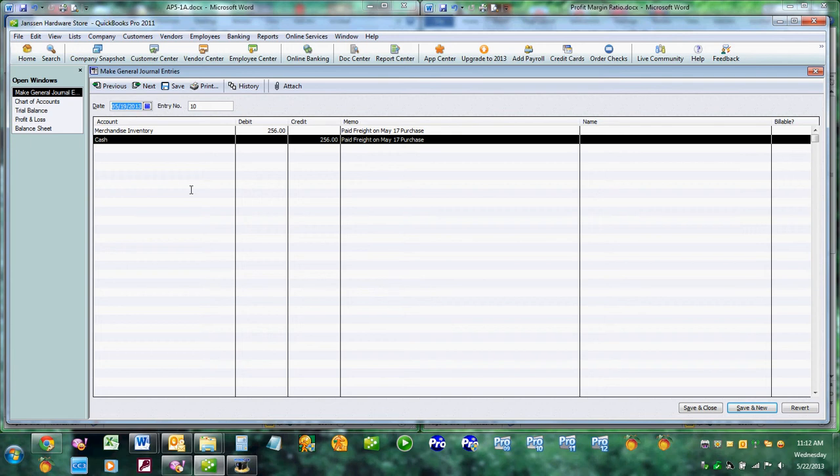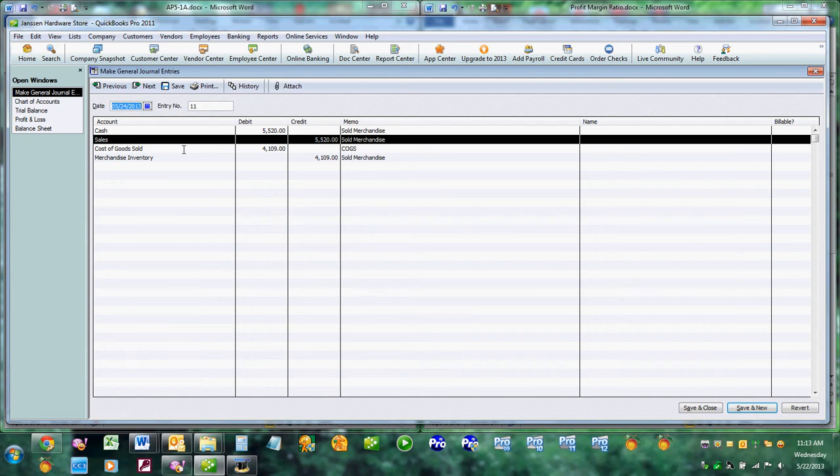The next date, the 24th, sold merchandise for cash for $55.20. The cost of the merchandise sold was $41.09. That'd be a debit to cash, $55.20, and sales $55.20 credit, and then cost of goods sold was $41.09, and merchandise inventory gets credited $41.09.